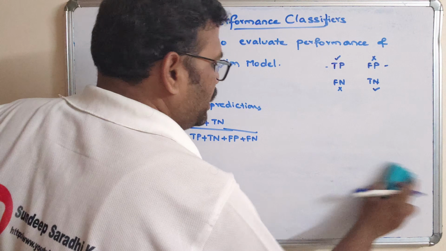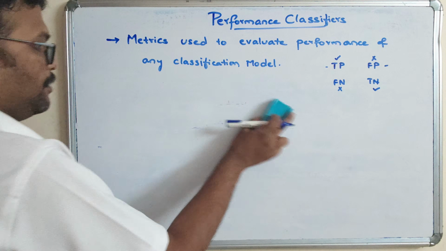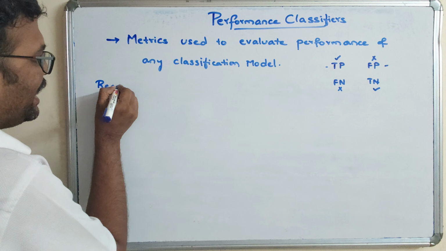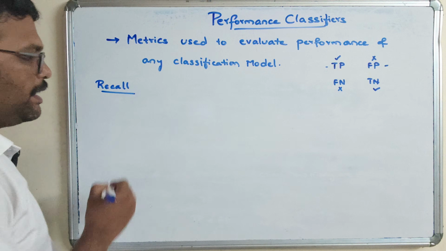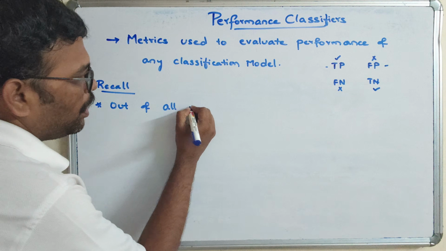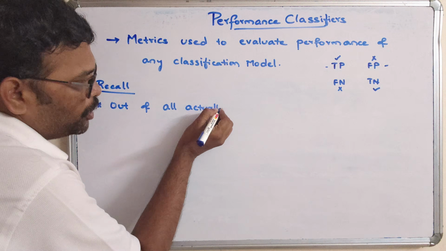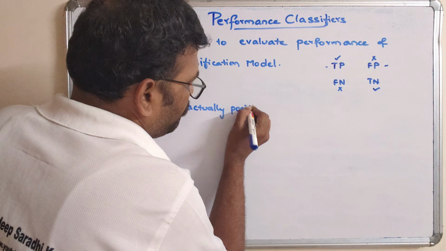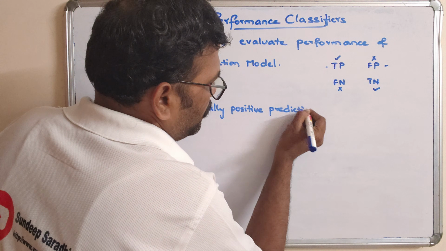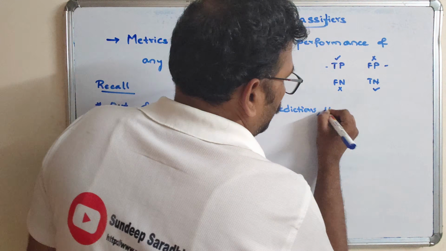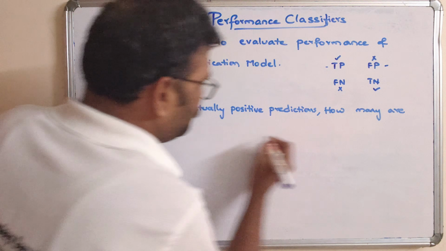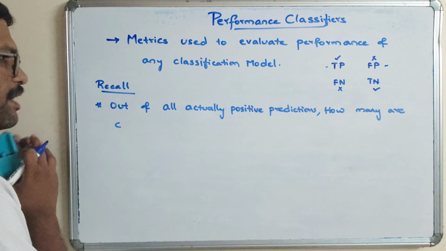Next, the next metric, recall. So out of all actually positive predictions, how many are classified or identified correctly?